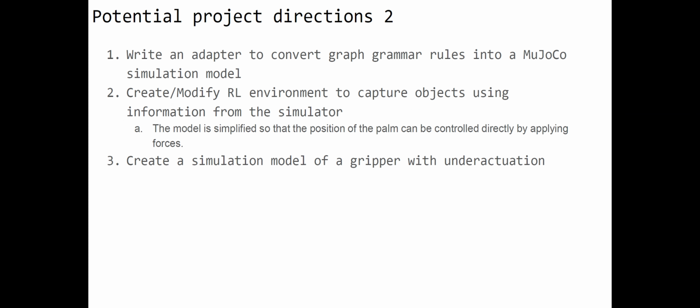And the potential work you can do with this gripping device, firstly, is to write an adapter for conversion of graph grammar rules into a MuJoCo simulation model. What's the key problem here? The guys have made the simulation model, as I remember, in PyBullet or in PyChrono, I do not remember.